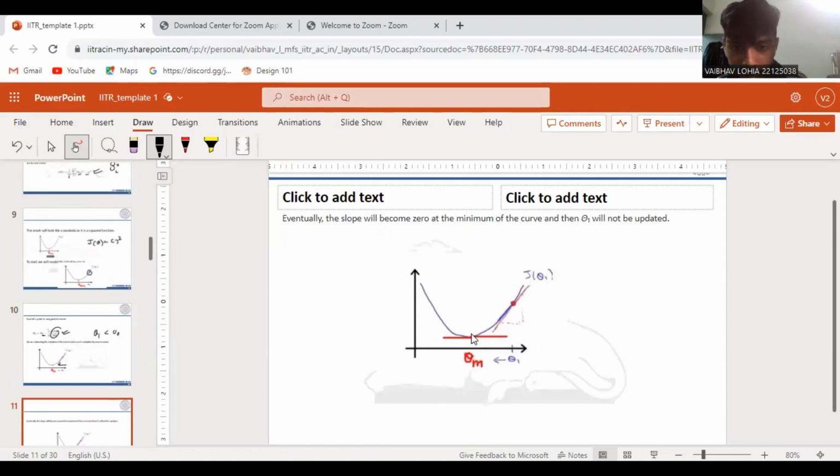Once we approach the minimum theta, d by d theta of J theta will become zero. As the slope becomes zero, we get our theta minimum.